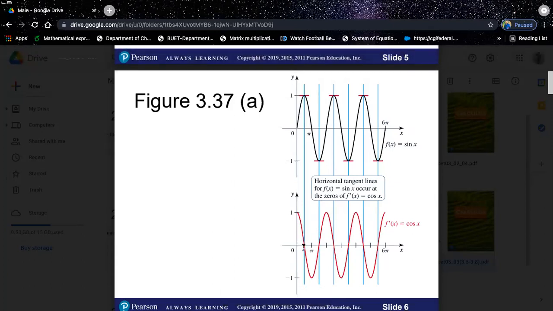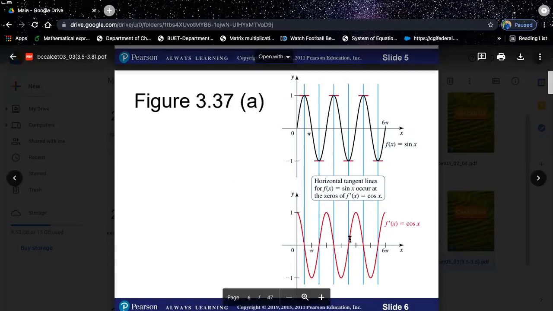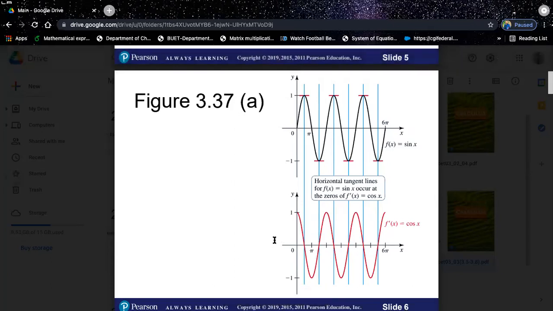You can see this is pi over 2, this is 3 pi over 2, and it keeps going like this. Wherever it crosses the x-axis, at those points, the y value for cosine x is 0, right?